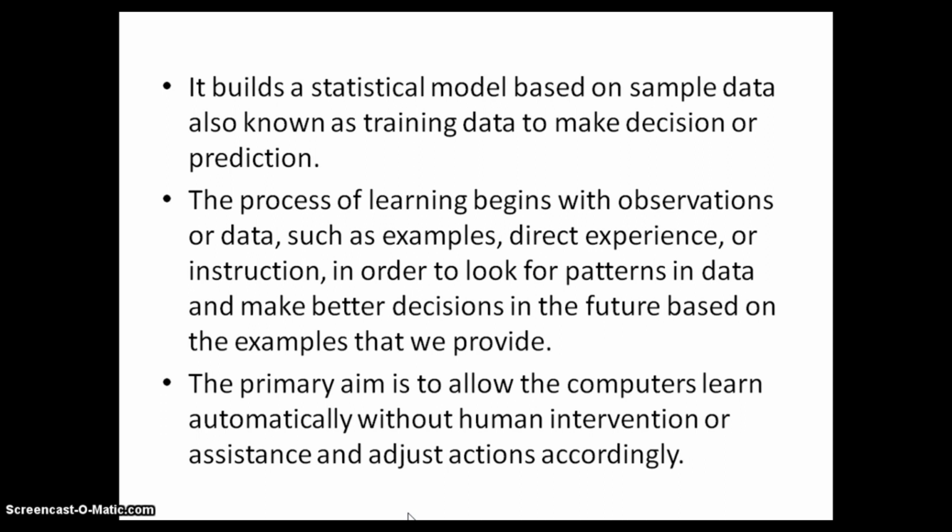The process of learning begins with observations or data, such as direct experience or instruction or the patterns among the data, and it will make better decisions in the future based on the examples that we provide. The primary aim is to allow computers to learn automatically without human intervention or assistance and adjust actions accordingly.